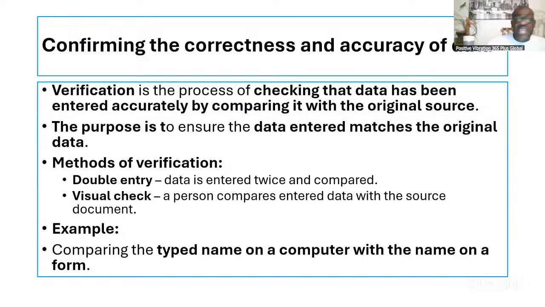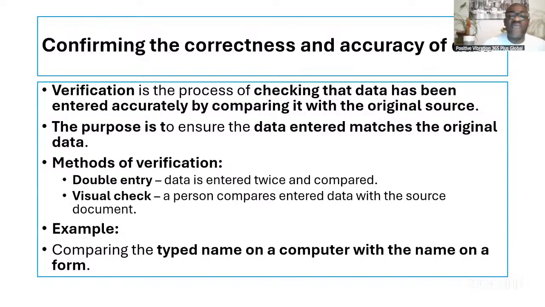Now, verification is a process of checking that the data has been entered accurately by comparing it with the original source. That is why you perhaps will be asked, let's say you are changing your password, first thing it says is enter new password. Then it says re-enter new password.